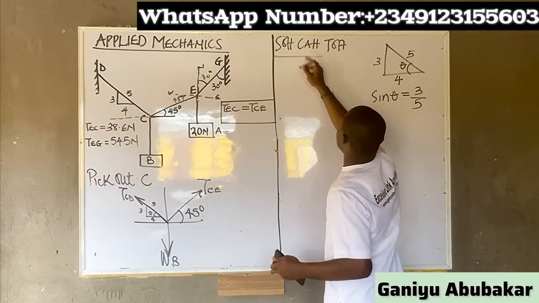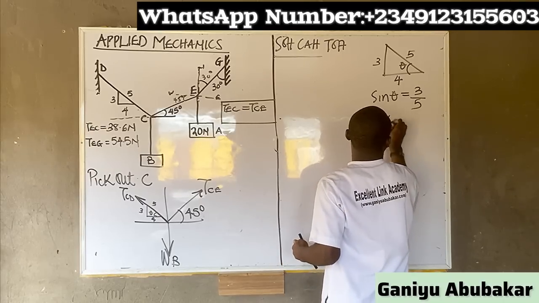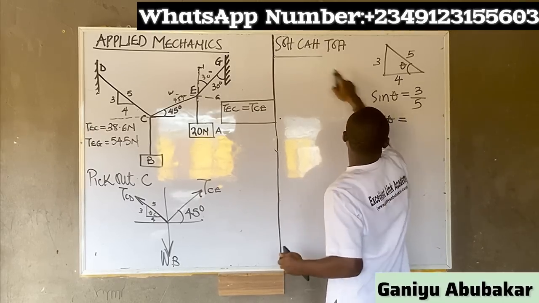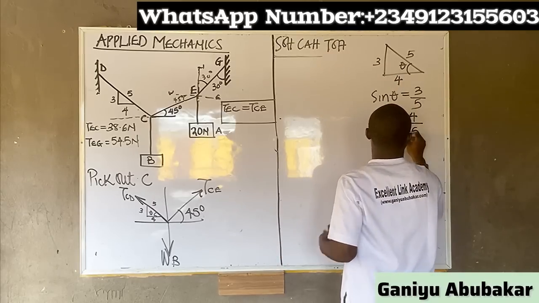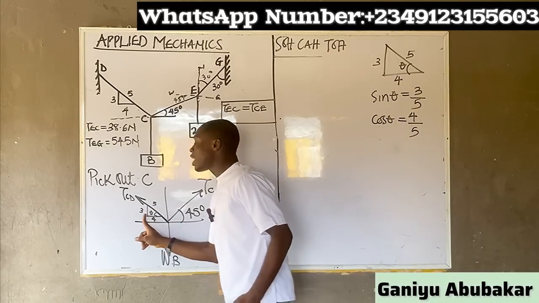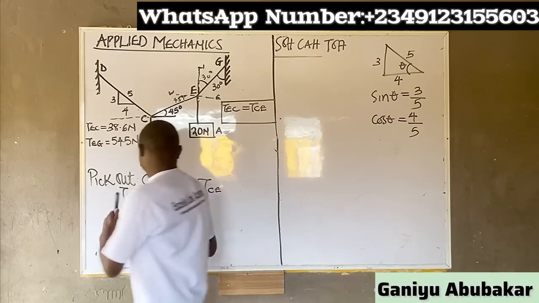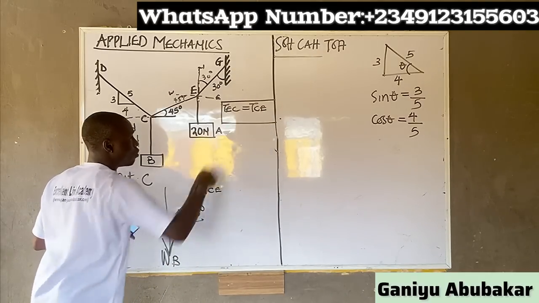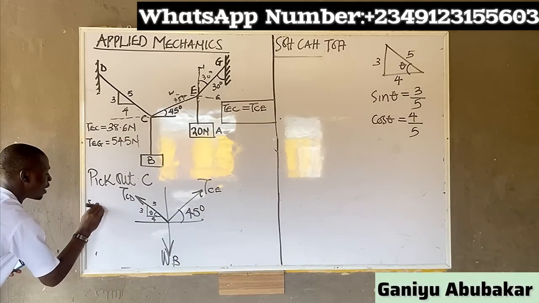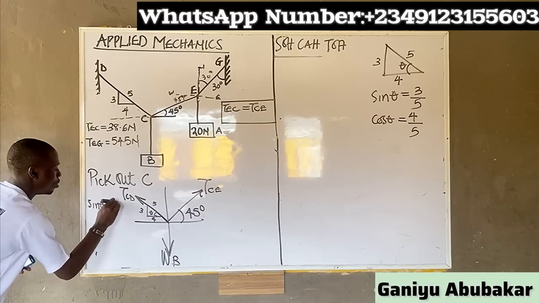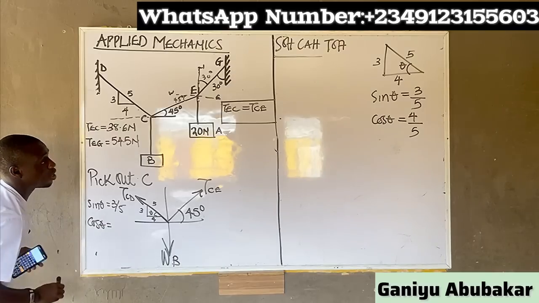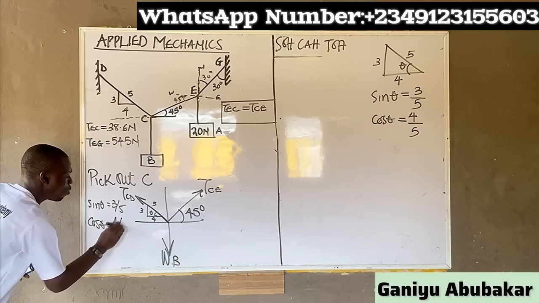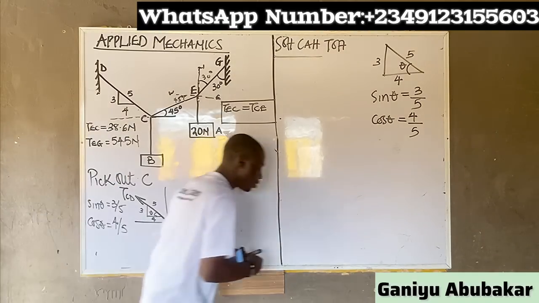Also, cos theta is equal to adjacent, 4, all over hypotenuse, 5. So for this triangle, try to get the cos and sine. The sine theta is 3 over 5, and the cos theta is 4 over 5.